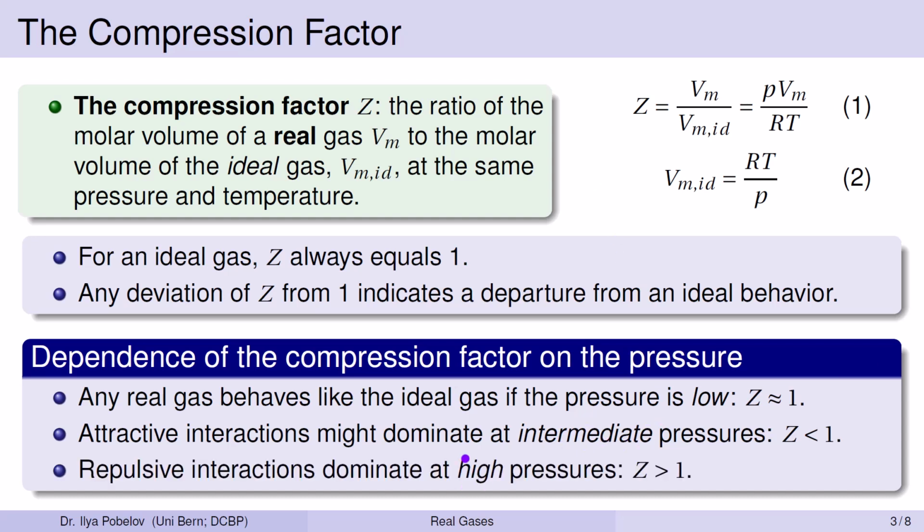When the pressure is sufficiently high, all real gases exhibit Z values greater than 1. It means that they occupy larger molar volumes than an ideal gas. This is due to the domination of repulsive forces. They come into play when molecules are so much compressed at high pressures that they nearly come into contact.